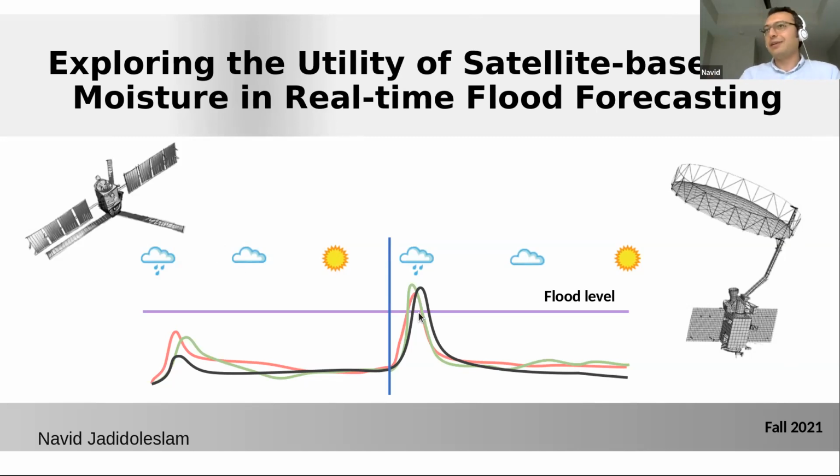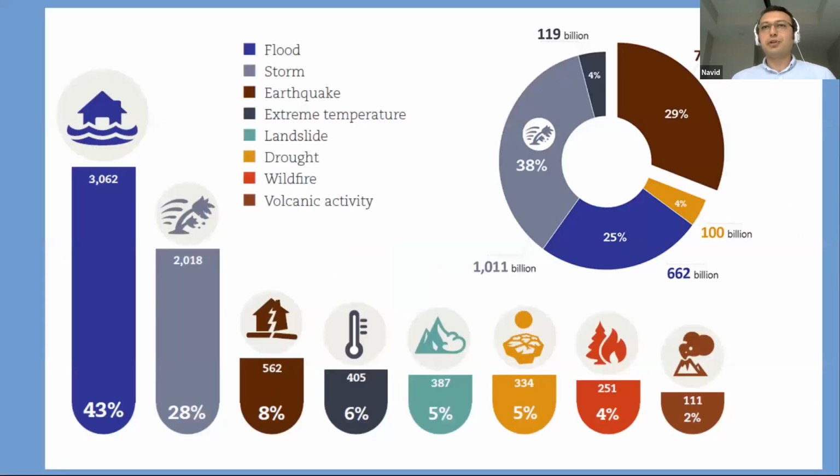This illustration shows what I'm trying to do: before the flood occurs, we want to have an observation from one of these satellites, potentially, to improve the flood forecasts. But before going into flooding and other details, I should talk about soil moisture and flooding as well.